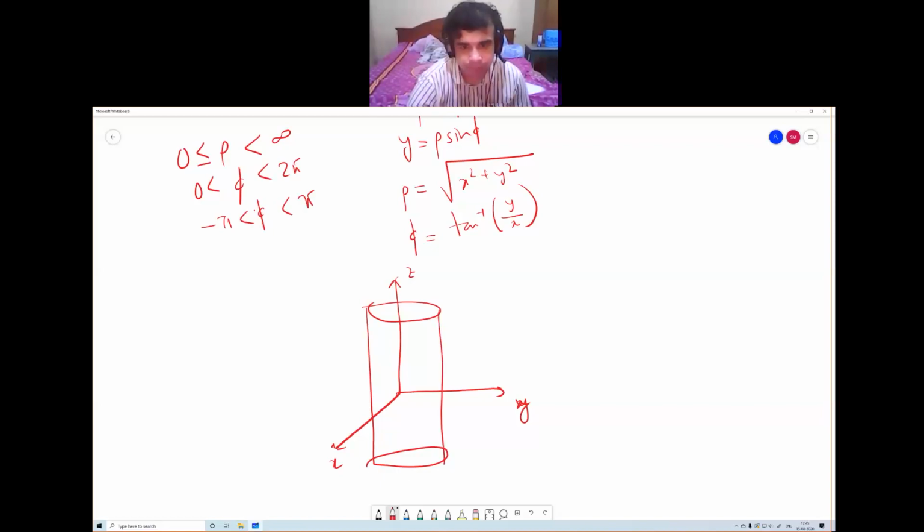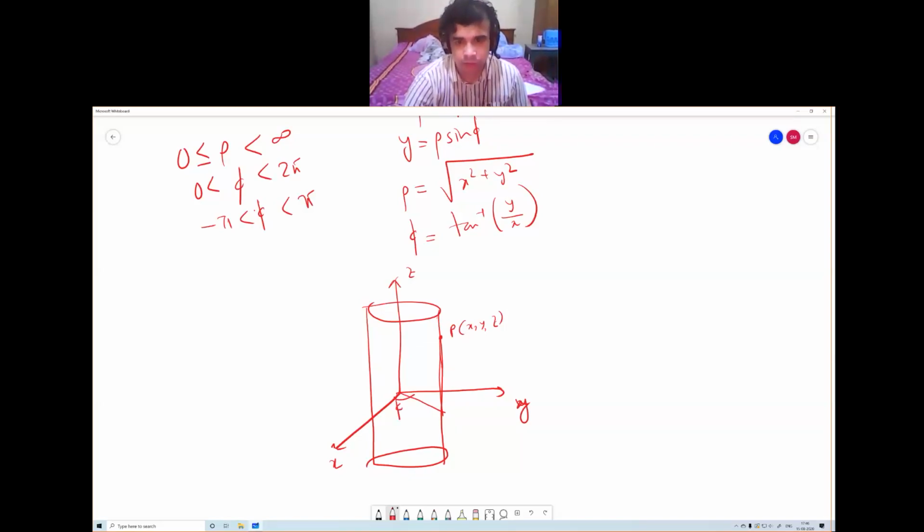cylinder. Any point P, x, y, z, we can draw a projection of P on the XY plane. We note the angle phi.